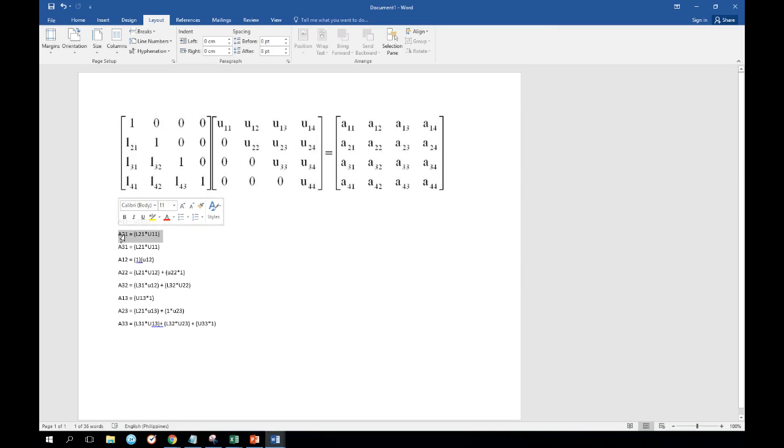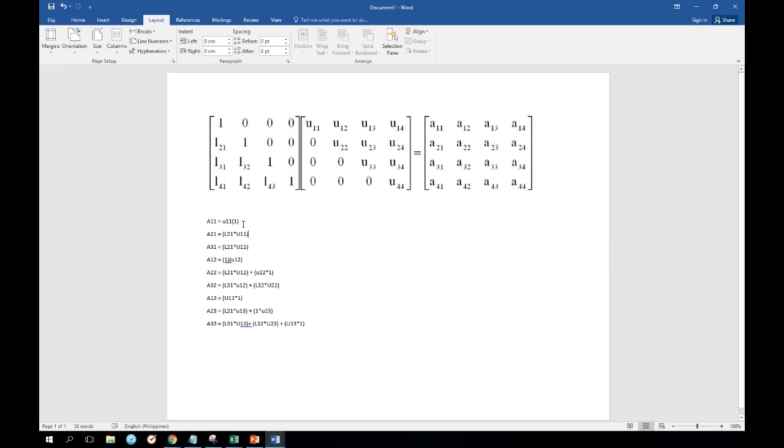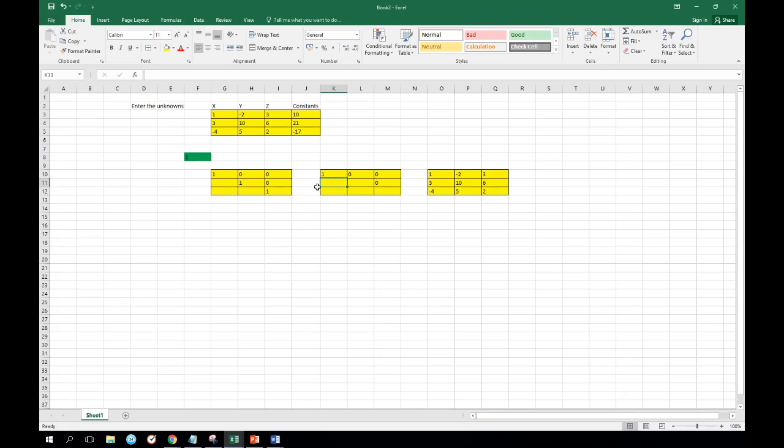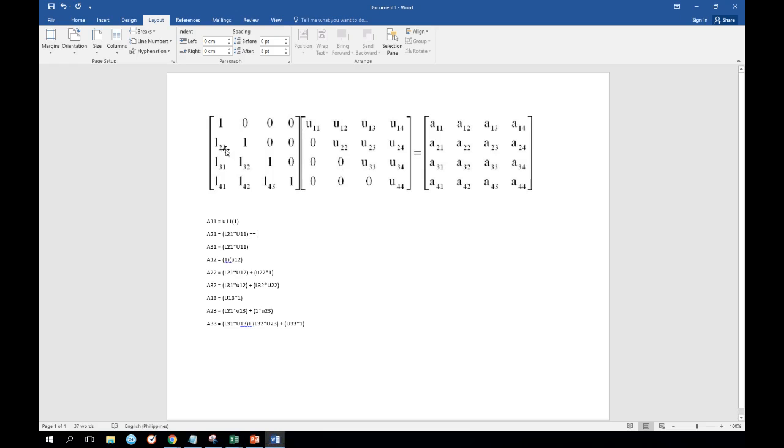Now let's proceed to A21. We're actually looking for the value of L21, which is this. So let's derive the formula for L21. L21 is equal to A21 divided by U11.